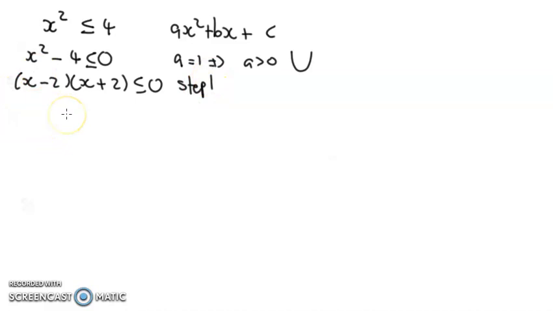So what is going to be step 2? Step 2 would be to draw a diagram. And remember, if you don't draw this diagram, you will lose marks. Because we know that a is equal to 1, therefore a is greater than 0 and concave up, if we were to draw an expression for x squared minus 4, we would have something like this. We would have something that resembles this.